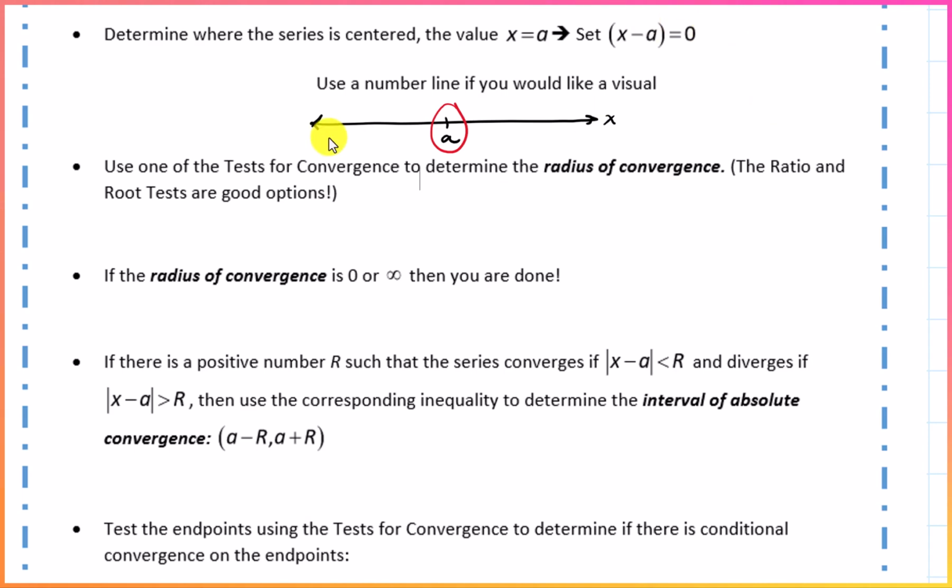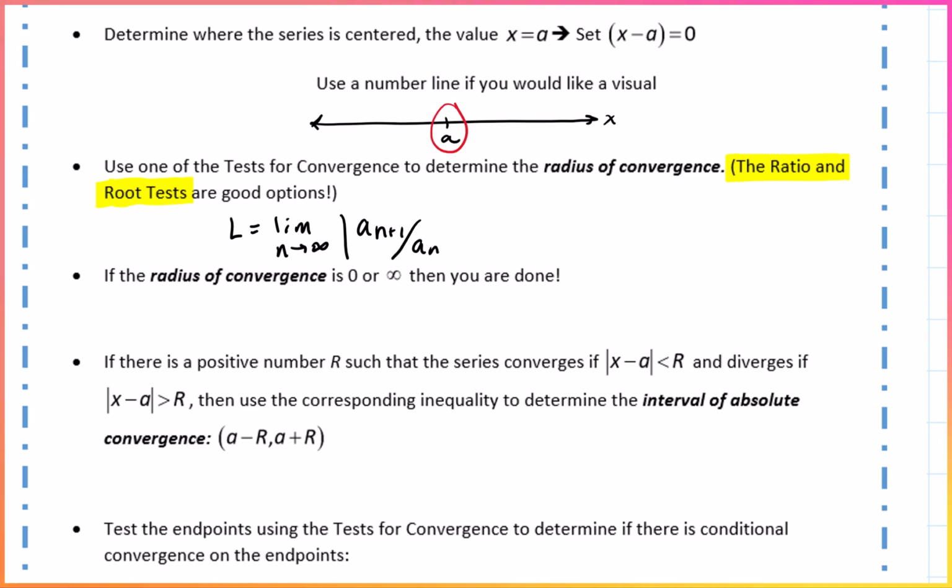And then we're going to use one of our tests for convergence. Now, the first one that I would suggest that you start with as we're trying to figure out the radius of convergence, because it gives us a nice inequality for where we will have convergence, is the ratio or the root test. Just as a reminder, for the ratio test we take the limit as n goes to infinity of the a sub n plus 1 term over the a sub nth term.